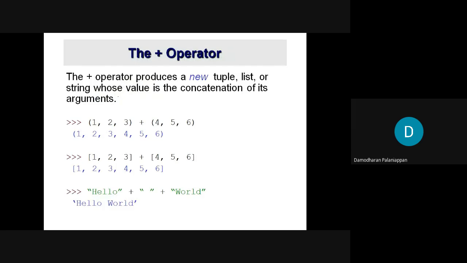The next is the plus operator. We can see everything, then I can go back to the execution part. In this, it is also possible to concatenate two lists or tuples together. Here the plus is used for concatenation. There is a difference between concatenation and addition.